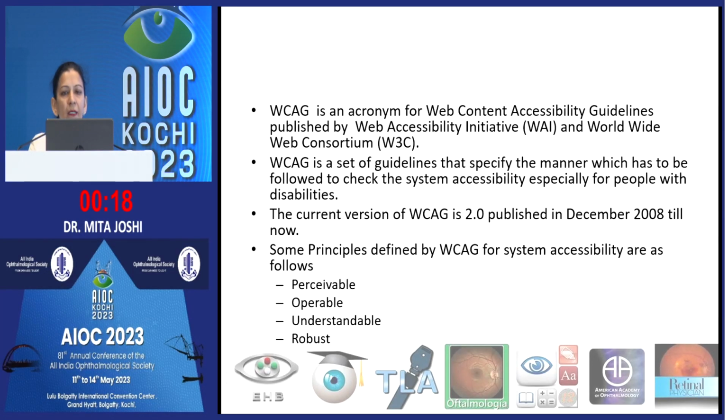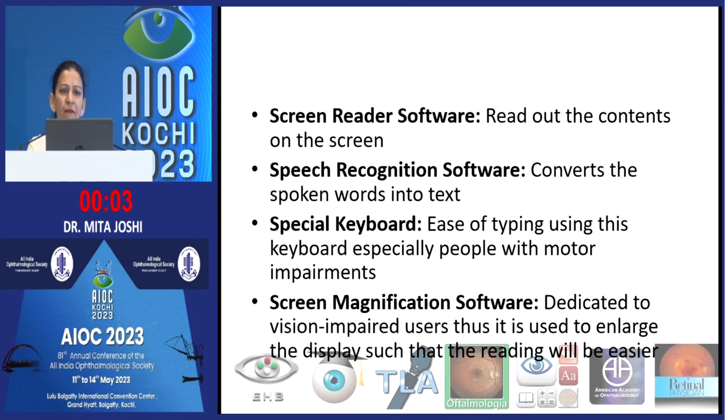And there are web content accessibility guidelines, which have certain principles like whether the accessibility tool which has been designed is perceivable, operable, understandable, and robust or not. So you have various screen reader software, speech recognition software, special keyboards available, and you have screen magnification devices.